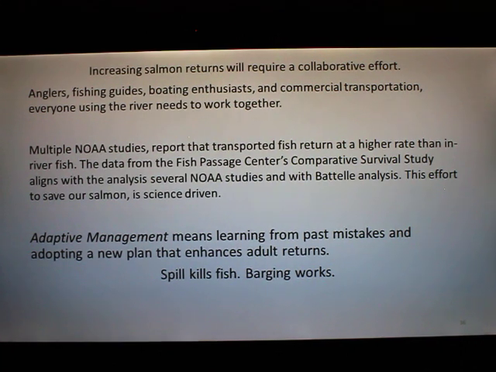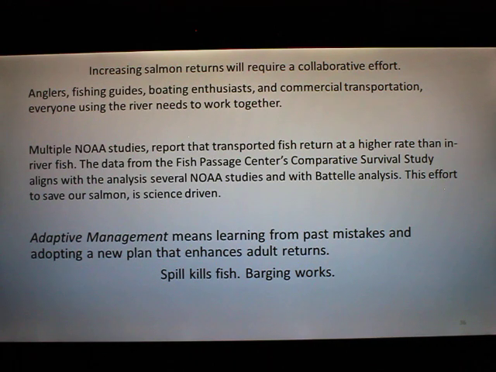Increasing salmon returns will require a collaborative effort. Anglers, fishing guides, boating enthusiasts, and commercial transportation. Everyone using the river needs to work together. Multiple NOAA studies report that transported fish return at a higher rate than in-river fish, than spilled fish.